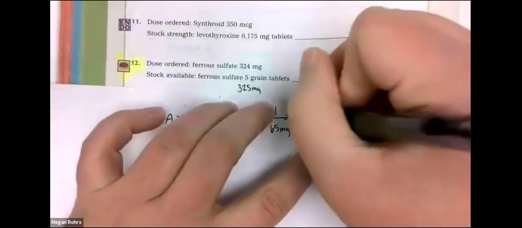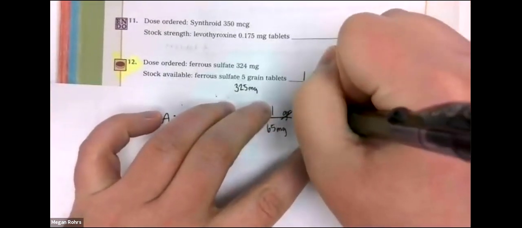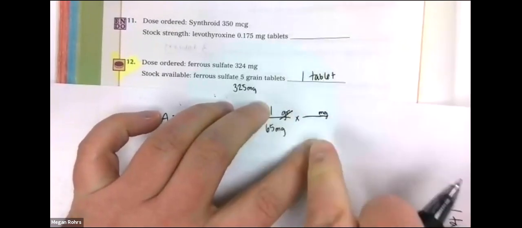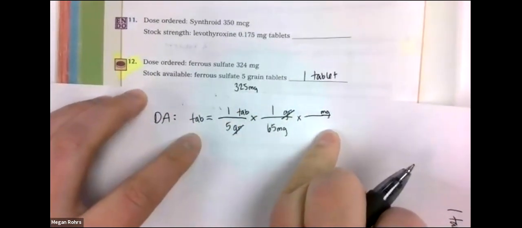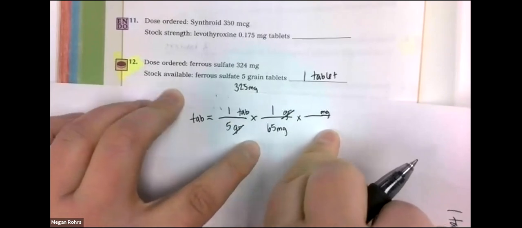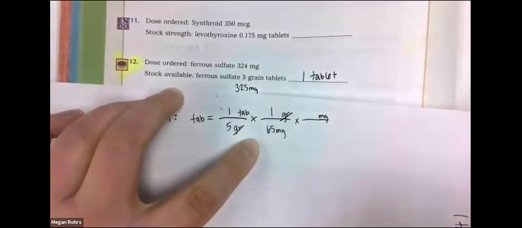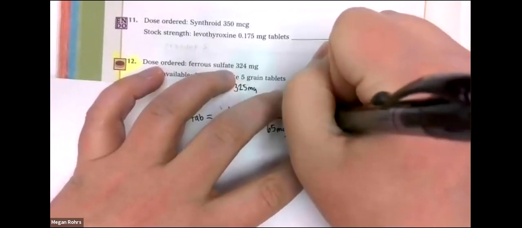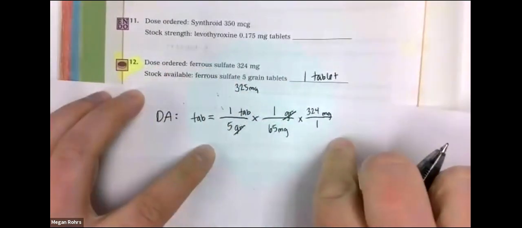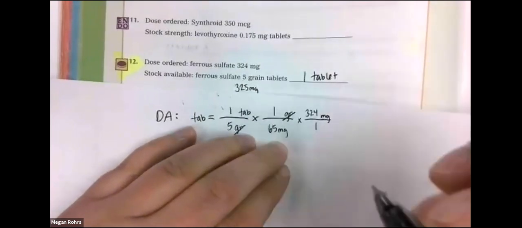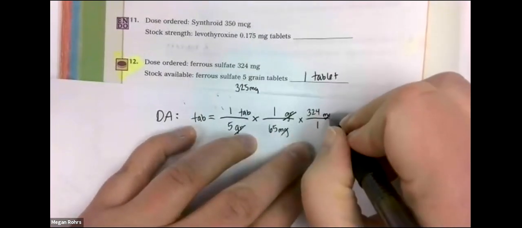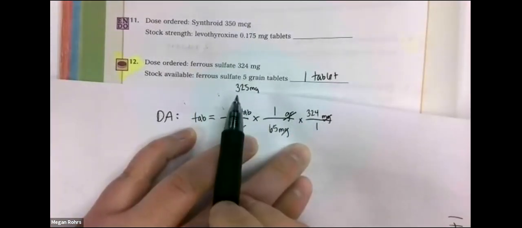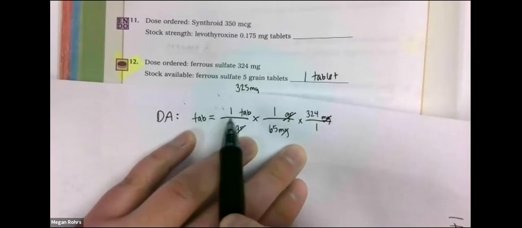So to do that, I want to multiply by a fraction that keeps milligrams in the numerator now. And the only thing left is this 324. That's by itself, so I'll keep that over 1. And now my milligrams will cancel. I'm left with tablets here, which is what I want.